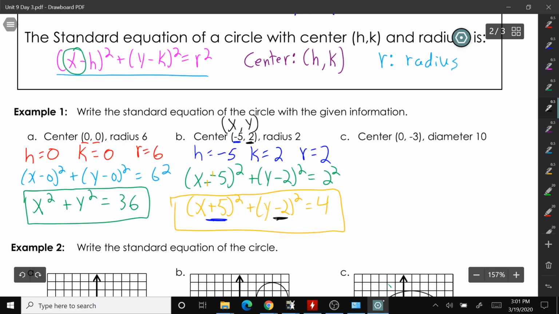Now, letter C, our h value is 0. Our k value is -3. The r value, though, they're telling us right here the diameter is 10. That means the radius must be half of that, or 5.